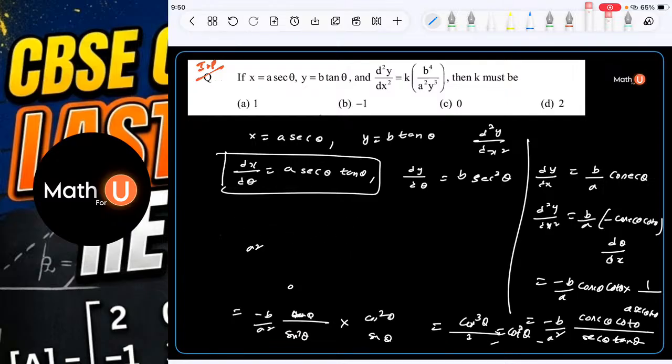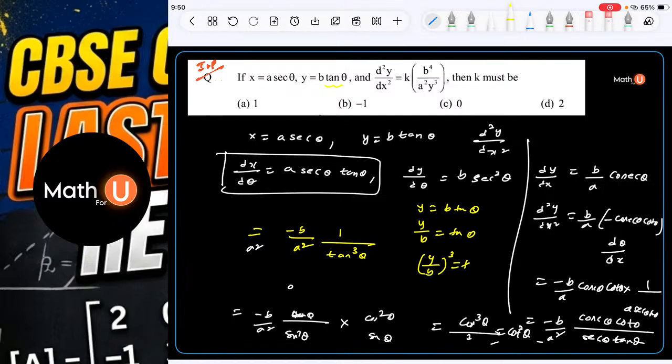Then finally it can be written as minus b by a square, 1 by tan cube theta. See, here y is equal to b tan theta, so y by b is equal to tan theta. Y by b whole cube is equal to tan cube theta.